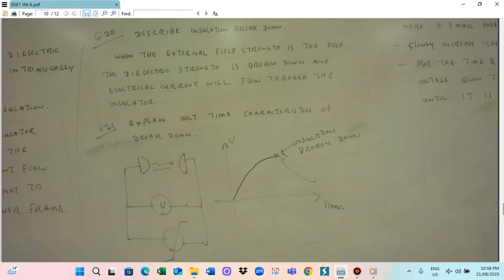When the voltage reaches a very high level, the electrical current will pass from one electrode to the other electrode. At that time the insulation will be broken down. You can also measure the voltage here. You increase the voltage, the insulation does not break down, and when it reaches this level, that is the breakdown characteristic. So this is insulation breakdown.